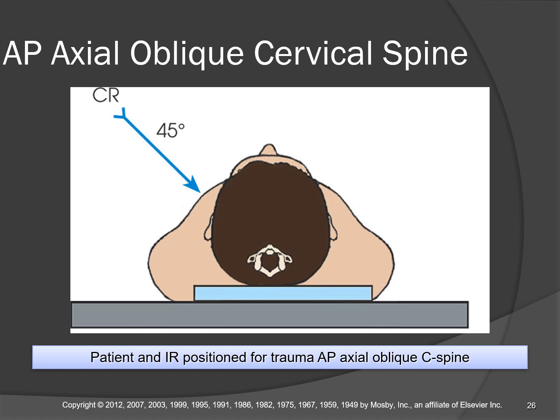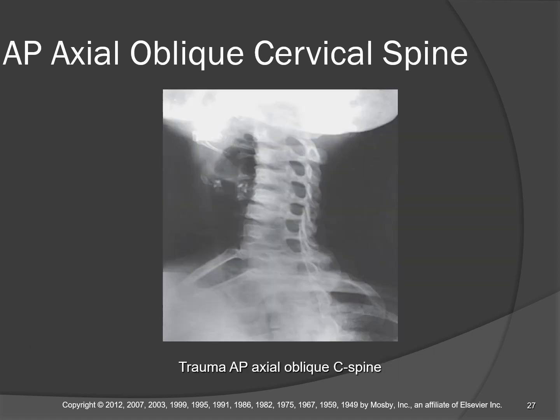And so do the intervertebral foramen. There you go. That's what it looks like. You see how it looks elongated in the transverse plane? This is how you tell you've done a trauma oblique rather than a conventional oblique. It's because the vertebrae are distorted in elongation.